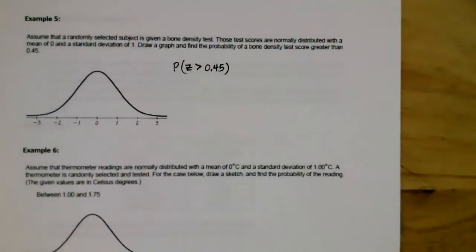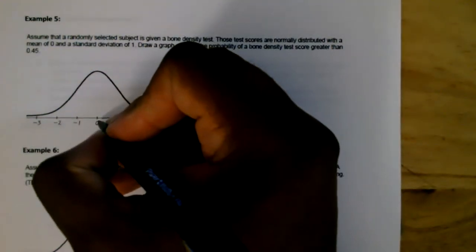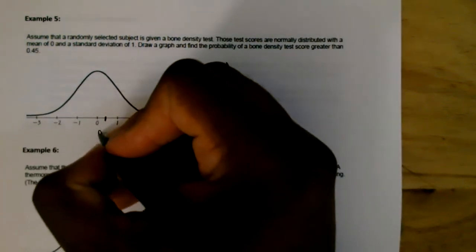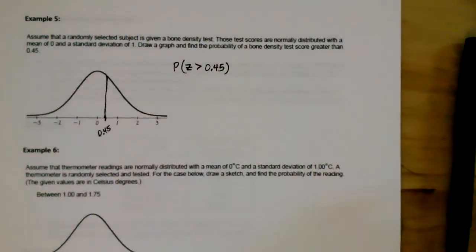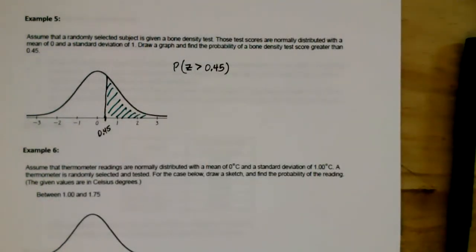And that's the symbol for greater than. So let's find 0.45 here on this bell-shaped curve. Let's say that it'll be about right here. Boundary line for that. Greater than means that we need to shade to the right of 0.45. So here I'm shading to the right of 0.45. So that's the area we're looking for there.